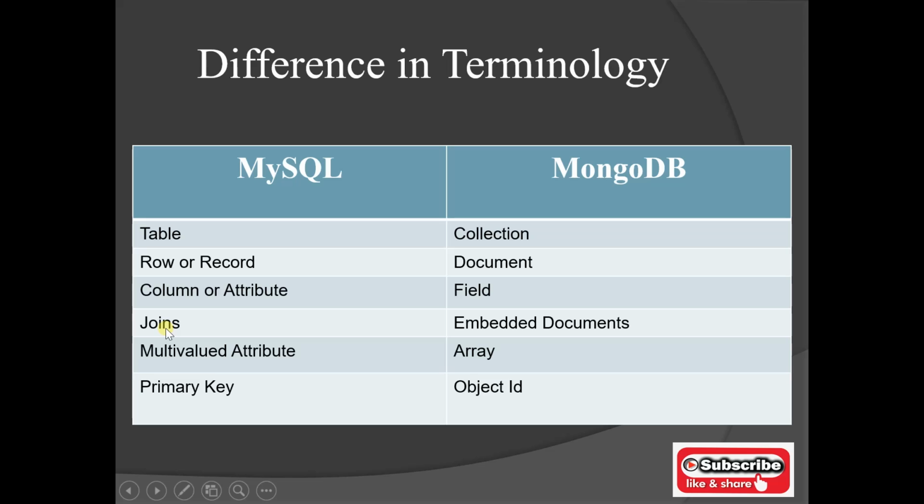If we have ID, name, address, these three attributes in MySQL, then ID, name, address will be fields in a MongoDB database. And then the records which we insert in the student table will be documents in MongoDB.